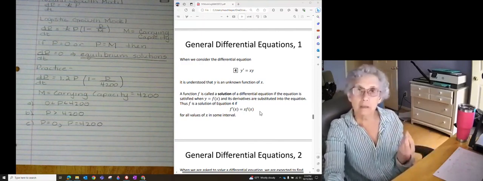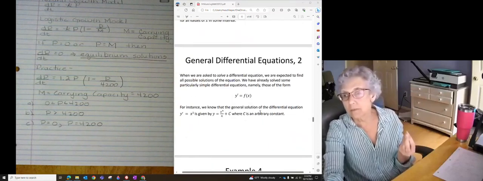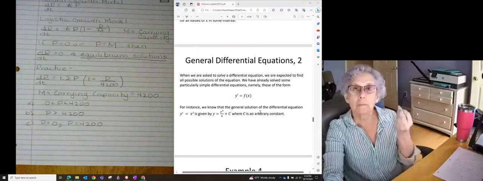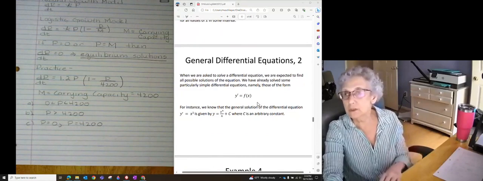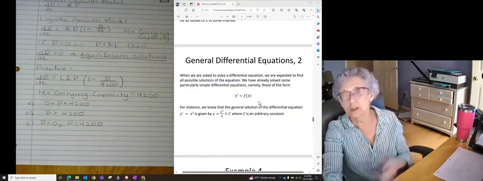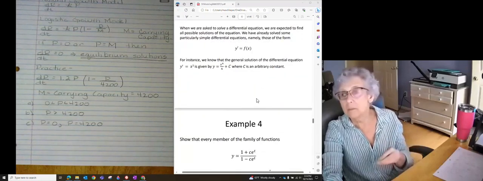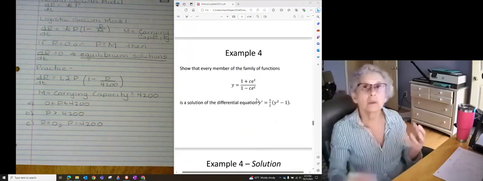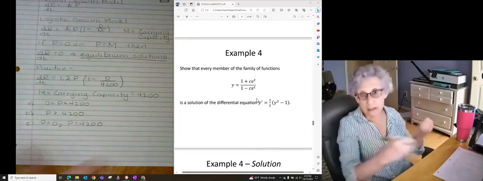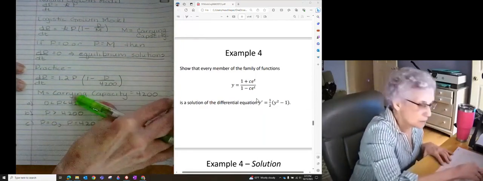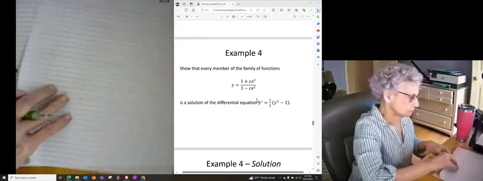So we need to be able to check and be sure that a given function is the solution to a differential equation. You're going to be asked to solve them later, but right now we just want to be able to show that something is a solution. So let's look at an example of that.